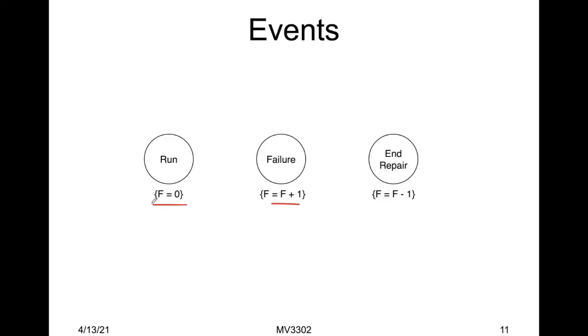So number of failed machines, we'll start off with everybody running, in other words. Okay, so what could make this state variable change? Well, a failure. So I get one more failed machine. And what could cause that to go down is we finish repair. Now we could put start repair in too, but basically a failure is the same as a start repair. So there really wouldn't be any point.